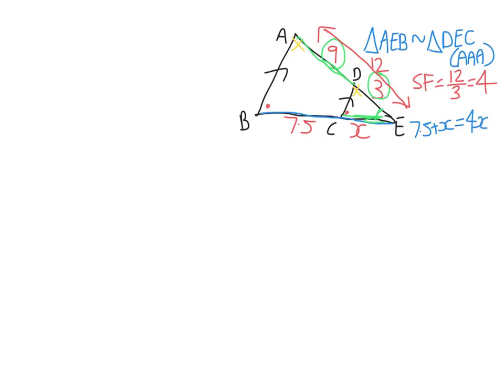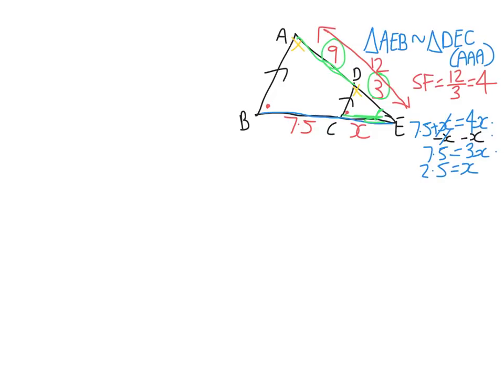So if I go through and solve this equation, I want to subtract x from both sides. Remember, when you're solving an equation and x is on both sides, you subtract the one with the lowest coefficient. So I get 7.5 equals 3x. The x's cancel out. 4x minus x is 3x. Just divide each side by 3, you get 2.5 is equal to x, okay?